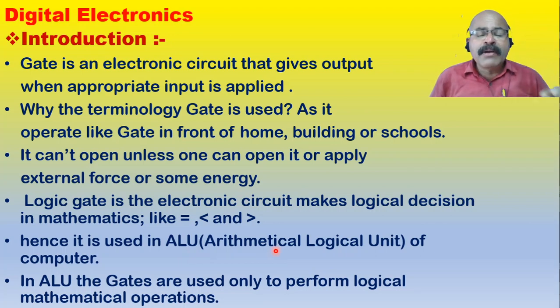All these operations come inside the arithmetic unit. Logical means only the logical operations: equal to, less than, greater than. So the ALU inside the computer can perform all types of mathematical operations, from addition and subtraction to trigonometric functions and derivatives, and the logical unit performs only these three operations, equal to, less than, and greater than. These are used for comparison.